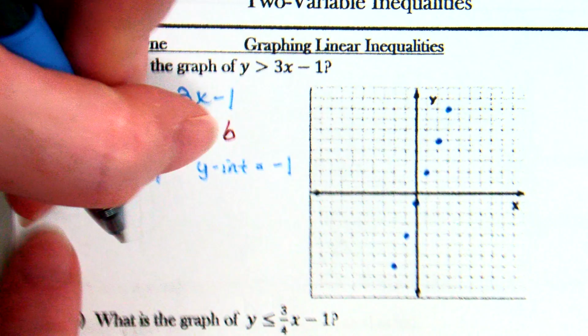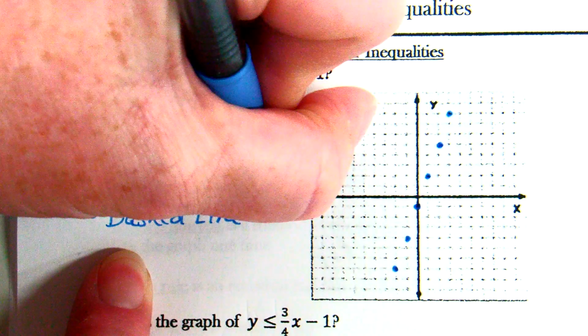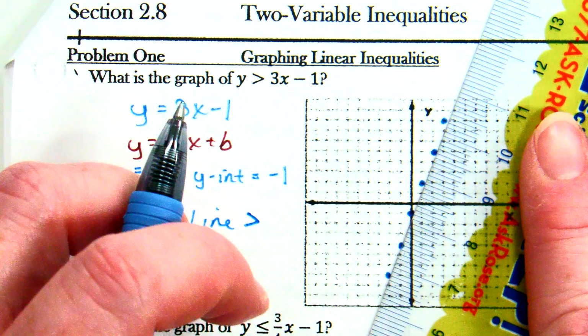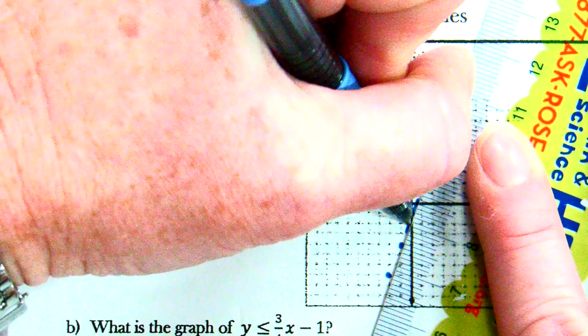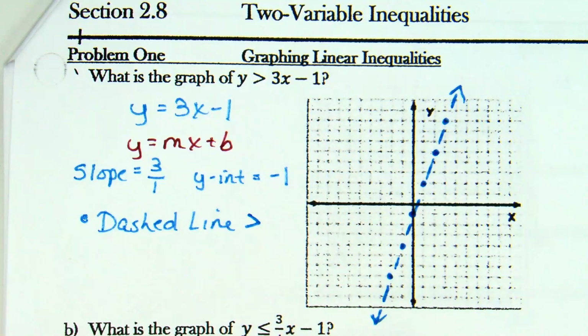It is a dashed line. So when you connect it, dashed line, please. There is my dashed line.